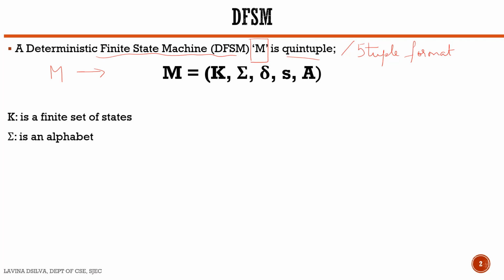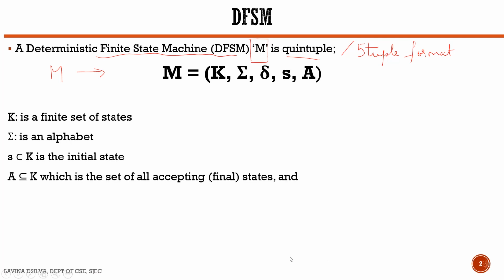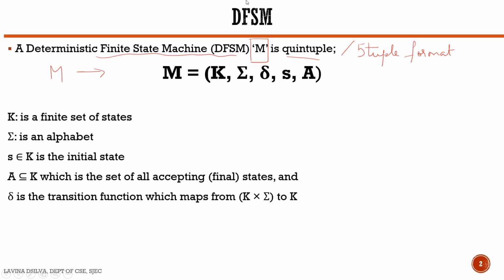Sigma is a set of alphabet over which you construct the DFSM. S belongs to K, and S is your initial state. A is a subset of K, which is a set of all accepting, also called final states of M. And delta is a transition function, which is a cross product between the states and your alphabet, leading to another state in K.